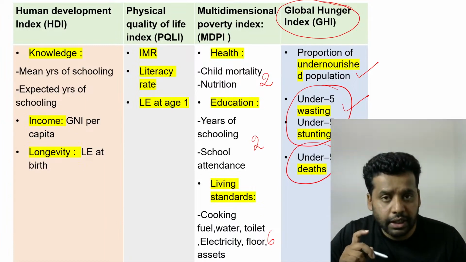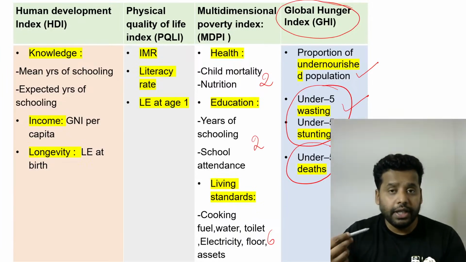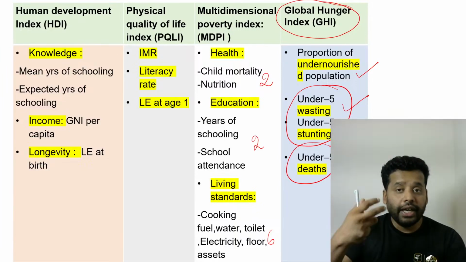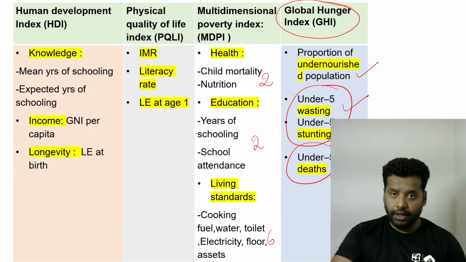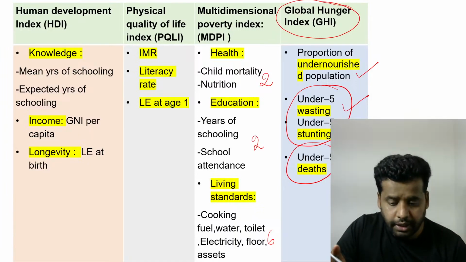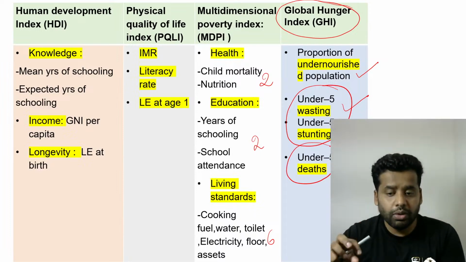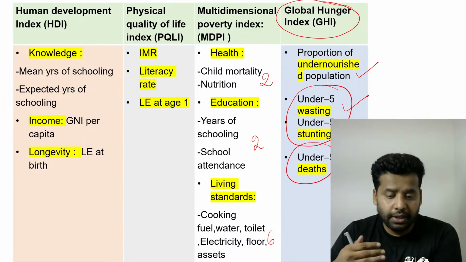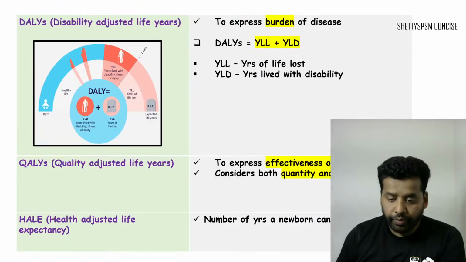The first indicator is proportion of undernourished population. Then comes child undernourishment, where we check 2 things: wasting and stunting, and then under 5 mortality. This is the way to calculate Global Hunger Index.